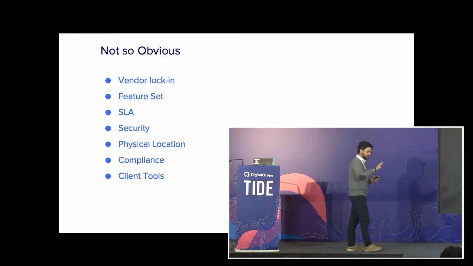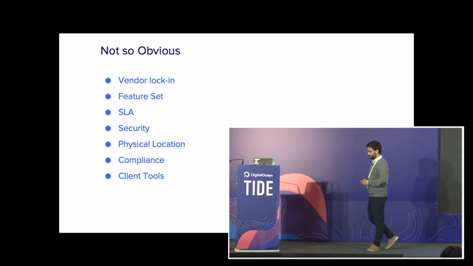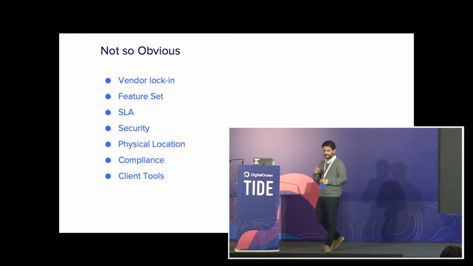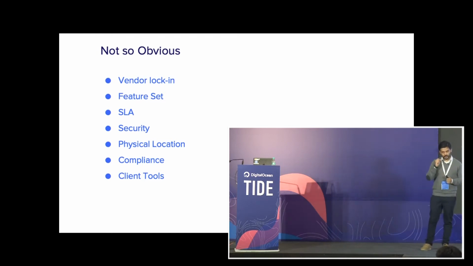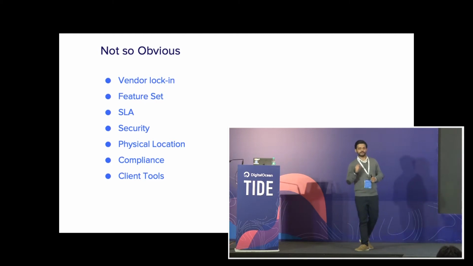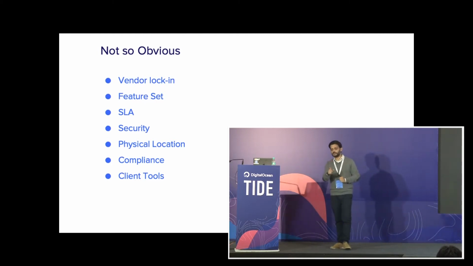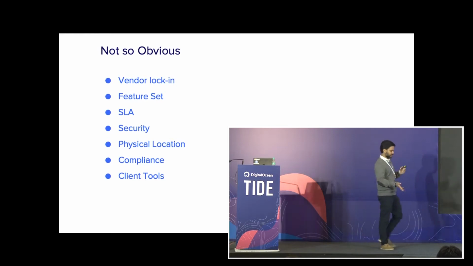Now, again, I said this session is for developers, so I won't talk a lot about it. But if you have an SLA in mind, please make sure you get the SLA that you're looking for. Security: with all managed databases, because you don't have access to the underlying server or VM, we give you certain security controls. It is your responsibility to implement those security controls. So it's a shared responsibility model. Some vendors might give you more options, some vendors might give you less options.